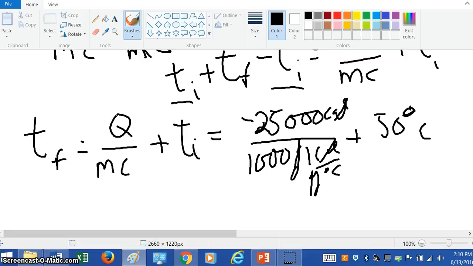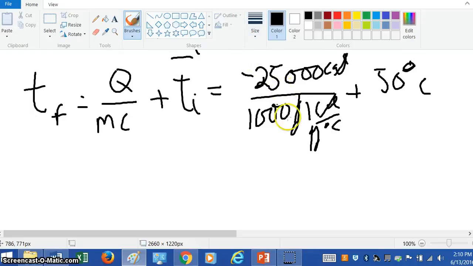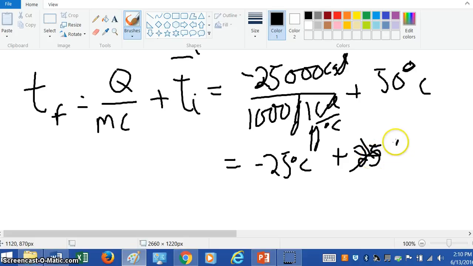So this part right here is negative 25. So this is basically going to be negative 25, plus 50 degrees Celsius. Sorry, I was getting a little ahead of myself.